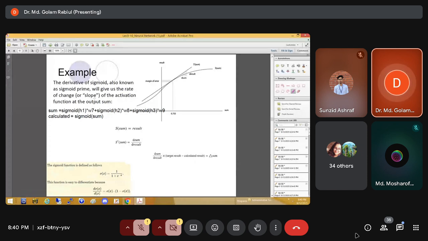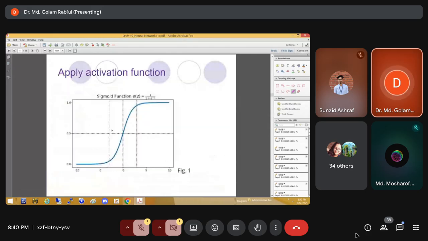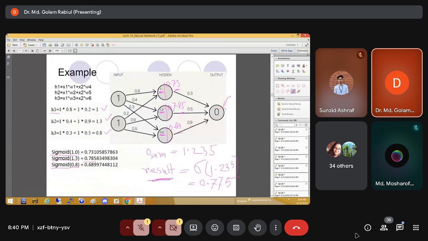So now the final result. We can see how we got the result. The result is the sigmoid of this output sum. This is the predicted result.